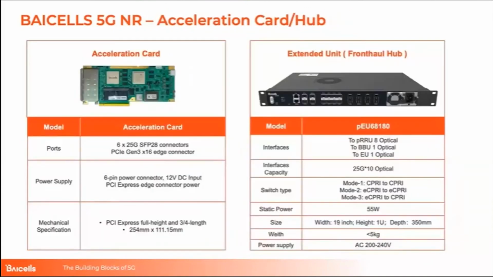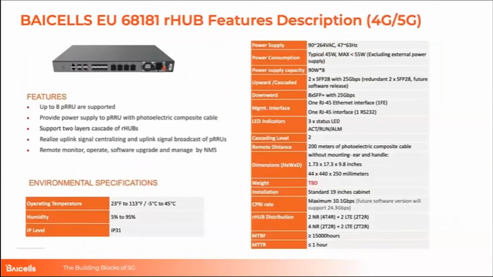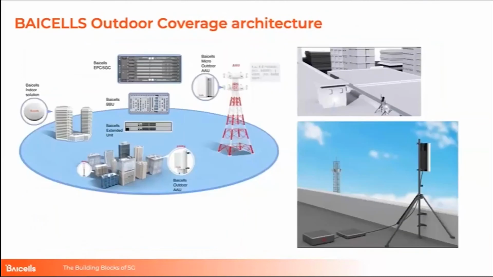RRU 430. Here are the extension unit and the acceleration card for 5G. This is the extension unit that connects the indoor radios, 5G radios, to the BBU. And at Baicells, we support a heterogeneous network.